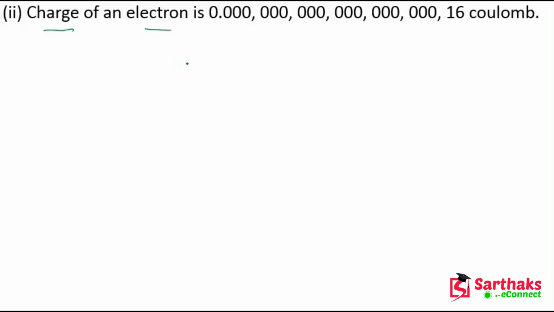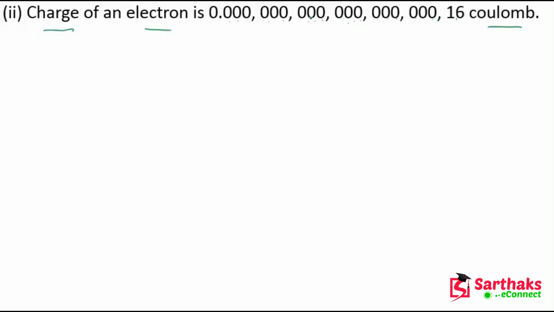Yes. Now the next one is, charge of an electron is 0.00000000000000016 coulomb. Okay, so how many zeros are there? Here is 1, 2, 3, 4, 5, 6, 7, 8, 9, 10, 11, 12, 13, 14, 15, 16, 17, 18. How many zeros are there? 18. And here we have to put the decimal place between 1 and 6.